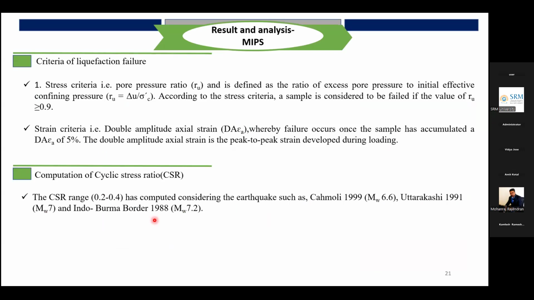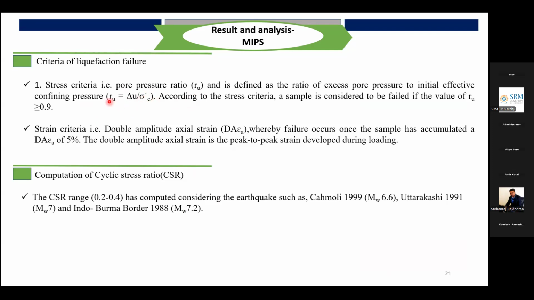Now, the criteria for liquefaction. Basically, there are two criteria specified. One is the stress criteria, the other one is strain. In the stress criteria, there is a pore pressure ratio, denoted by RU, which is delta U by sigma C dash. Delta U is the incremental pore pressure with respect to increasing confining pressure.